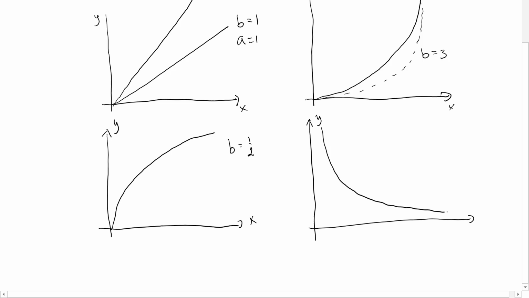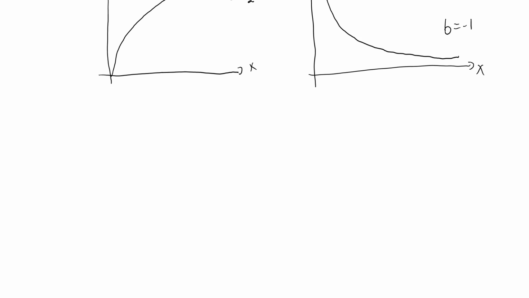This is perhaps b equal to -1. So a lot of different types of relationships can be captured by the power function. And the idea here is just to let our data determine which of these best captures the relationship between y and x.